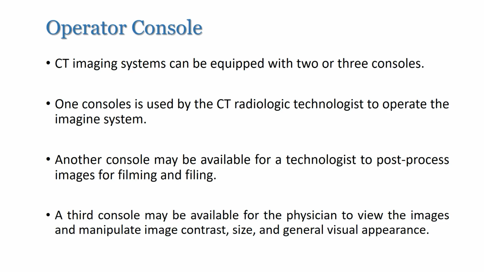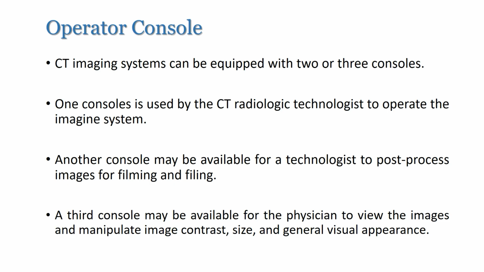Another important component of the CT unit is the operator console. The operator console has 2 to 3 consoles. One console is used by the CT radiologic technologist to operate the imaging system.